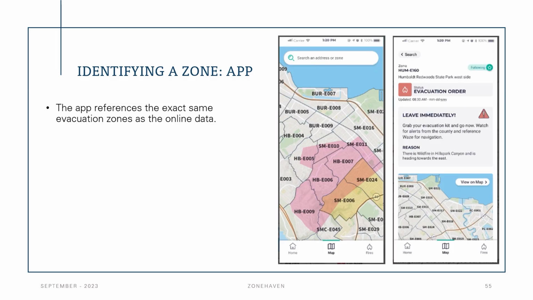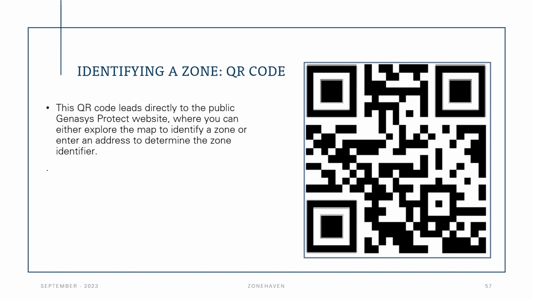The app references the exact same evacuation zones as the online data. Based on the incident location, identify the 3-alpha, 3-number unique identifier. This QR code leads directly to the public Genesis Protect website, where you can either explore the map to identify a zone or enter an address to determine the zone identifier.